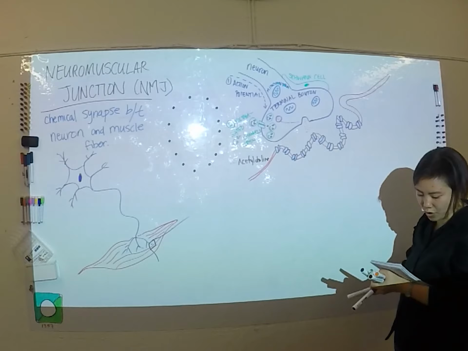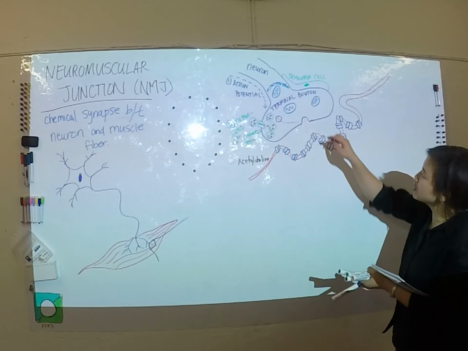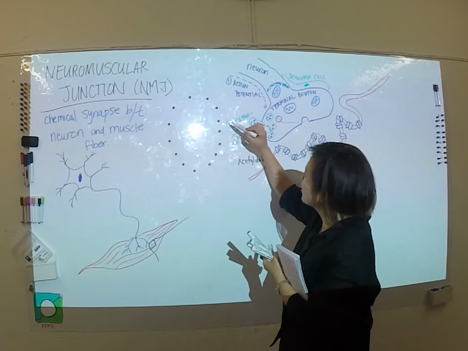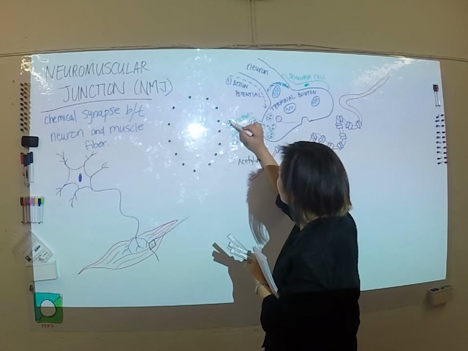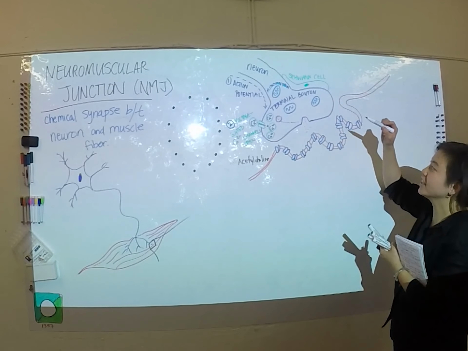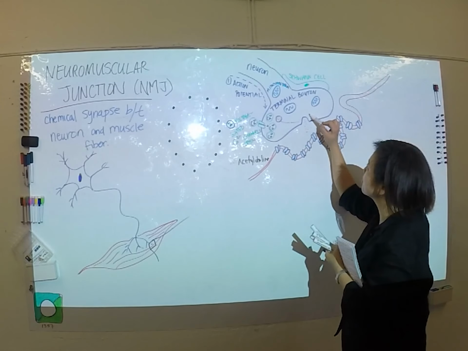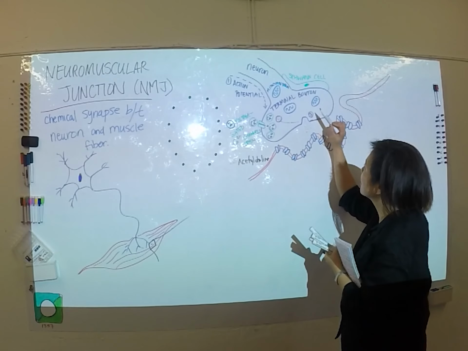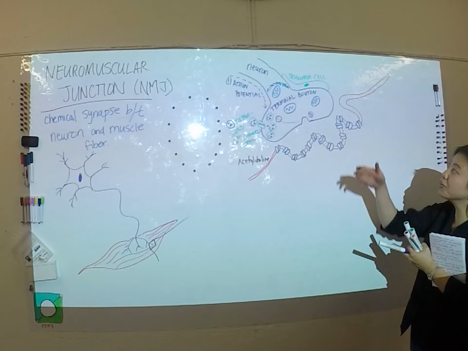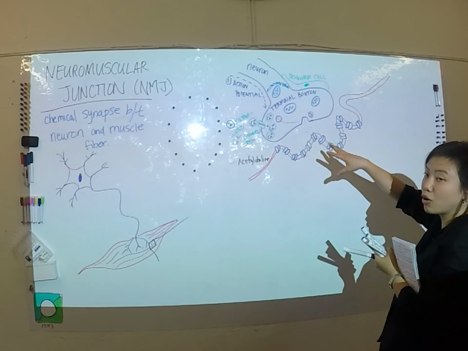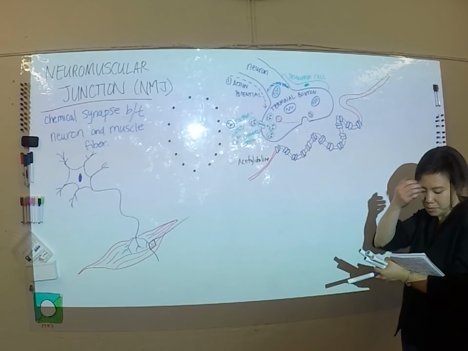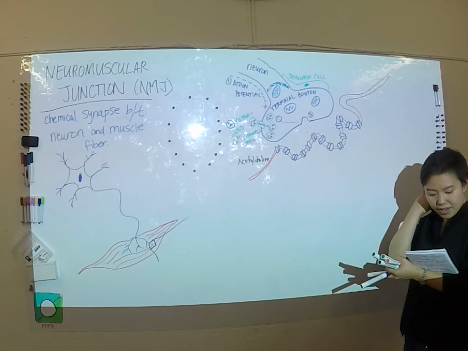Okay, so this was step number 3. So first we had the action potential. Then second, we had the voltage-gated calcium ion channels open. Then number 3, the vesicle moves towards the cell membrane of the neuron and releases acetylcholine into the neuromuscular junction. Okay?